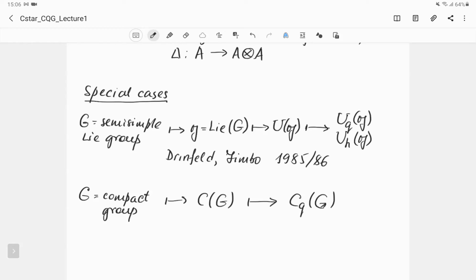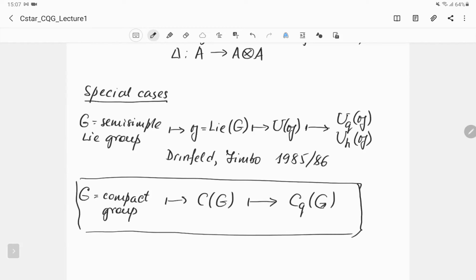In fact, there is another approach to the same class of objects, but in our course, I will concentrate on the approach developed by Woronowicz. So this is what we are going to do. This is Woronowicz's approach to quantum groups.